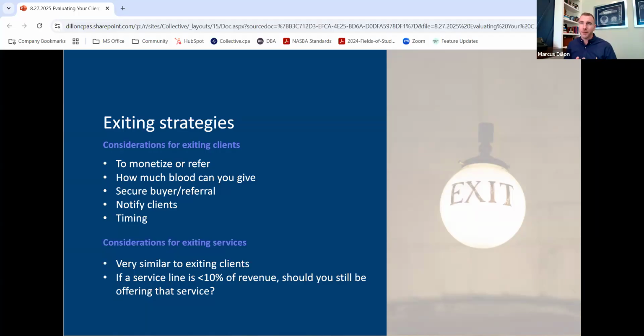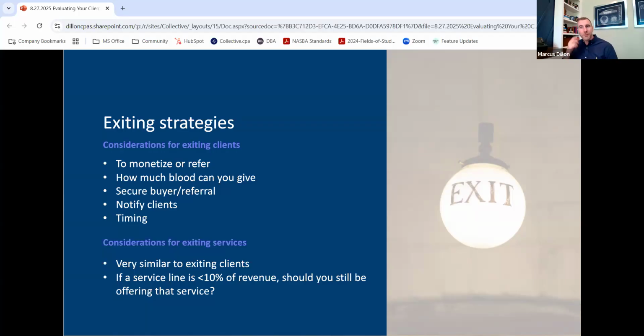We see that happening a lot in an October timeline. Right after tax season is a real good time to do that. Going into November, if you get into December and you're starting to send these letters, it may feel a little bit uneasy for that client, because their year's coming to a close. Maybe they needed some advice, and now all of a sudden they are forced to enter into a new relationship.